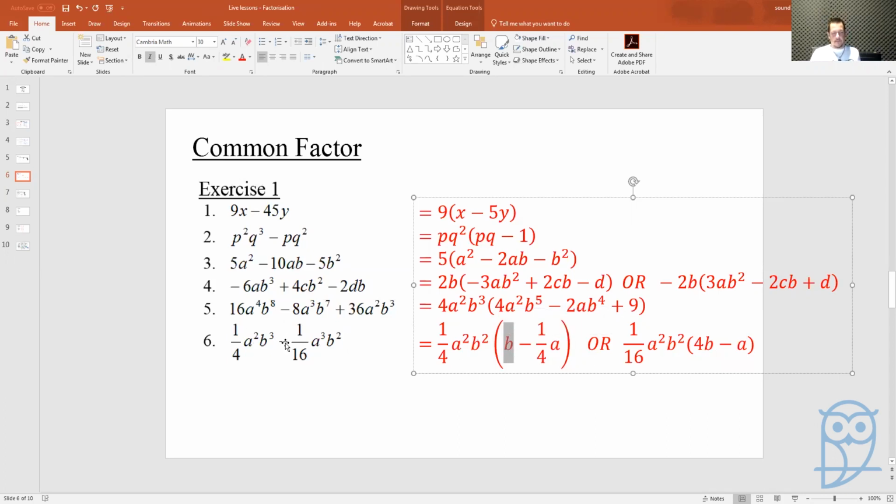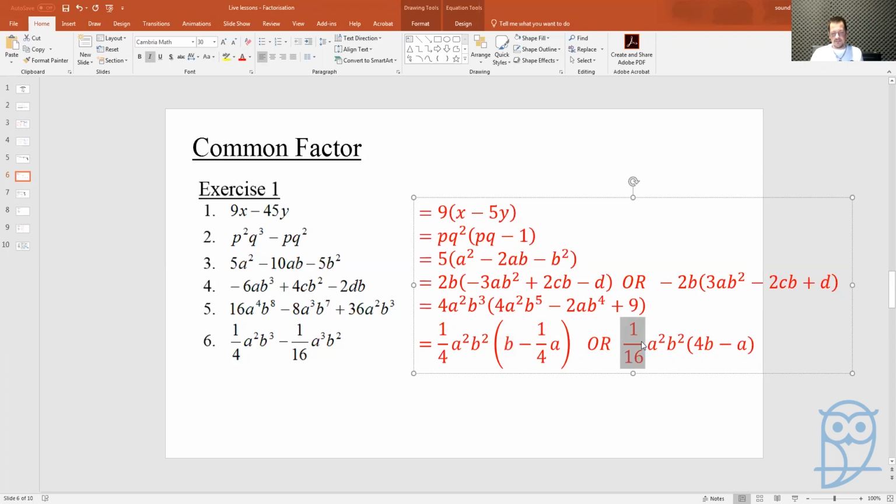You've got the 2 A's out already, and 2 out of the 3 B's, leaving just 1 B inside the brackets, minus, and then you've got a quarter here, and a quarter times a quarter gives a 16th. You've taken out 2 A's from 3 A's, leaving 1 A on the inside, and then 2 B's are there. You've taken out both B's, which means you don't have to worry about any B's again. Or you can take out a 16th, which means that the B and the A and the minus are exactly the same.